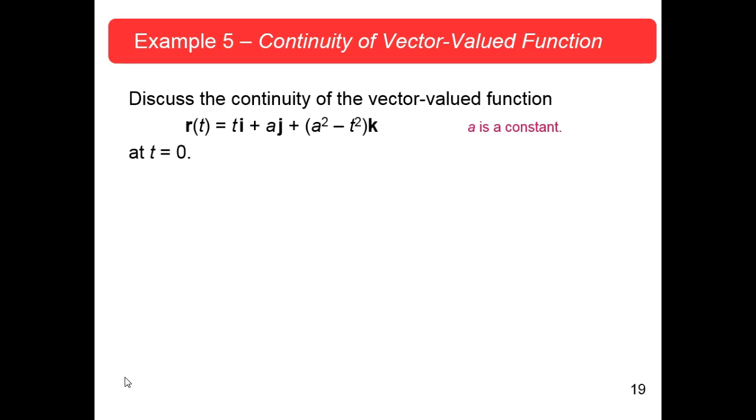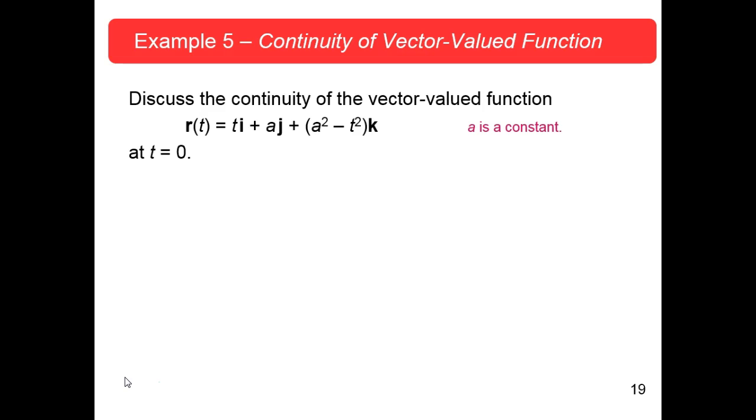0i, so no component in the i direction. Plus a j, because a is just a constant, so a in the y direction. Plus a, yeah, but t is going to 0, that would be a squared k.